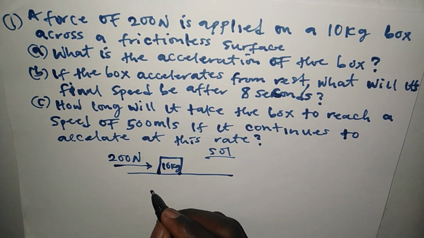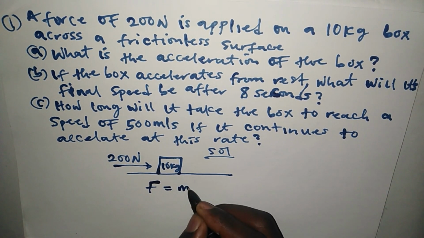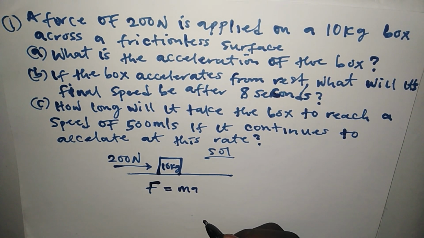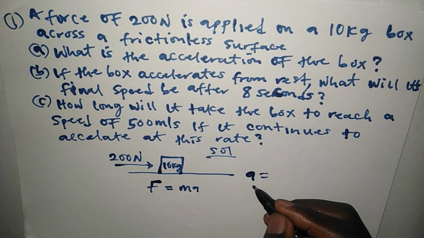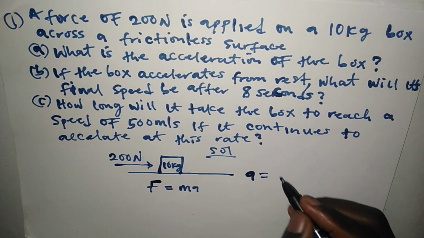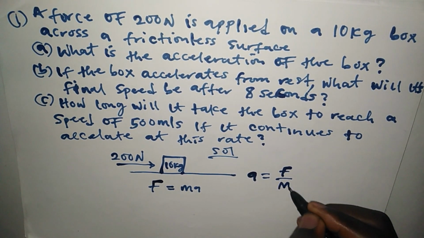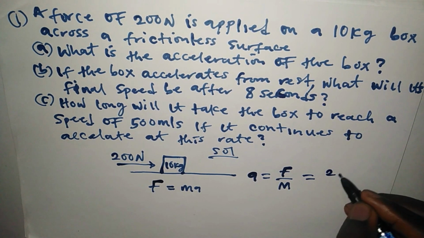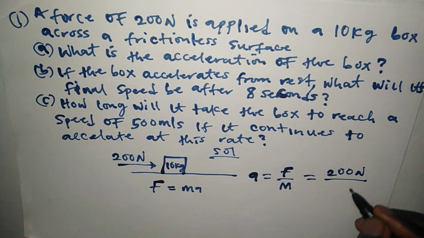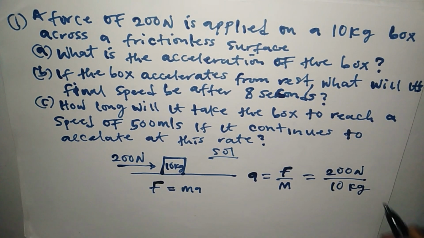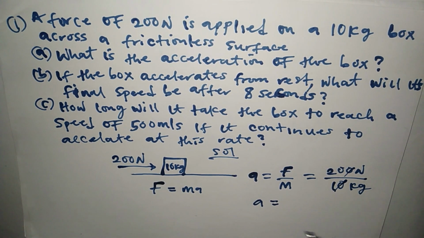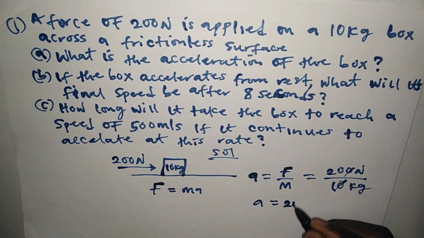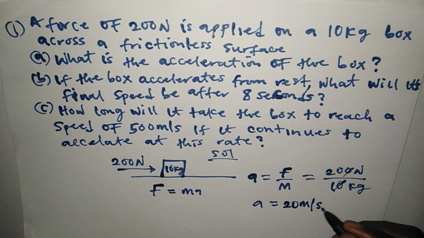So we know that from Newton's second law, F is equal to what? ma, where F is the force, m is the mass, and we're looking for acceleration. So therefore, A is going to be equal to F all over m, which is 200 Newton all over 10 kg. This cancels this, and A is going to be 20 meters per second squared.